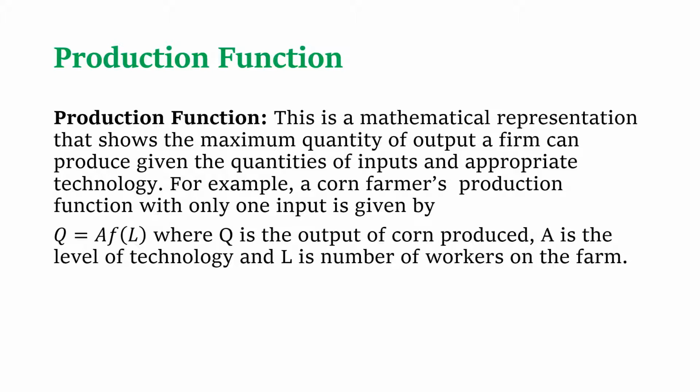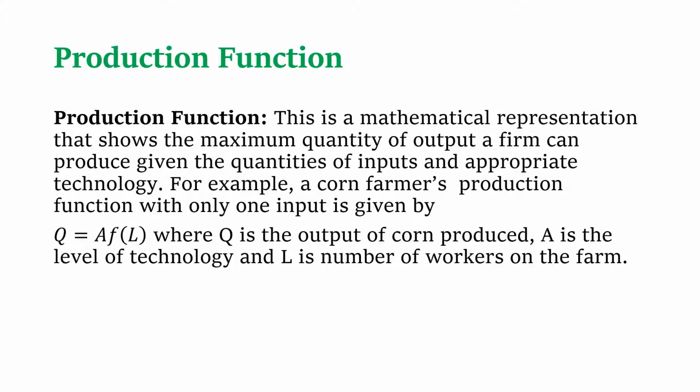So you might need maybe 1,000 workers in the corn field to produce corn. You also need some capital equipment to till the land, and you also need the seedlings, so they use capital to buy seeds.